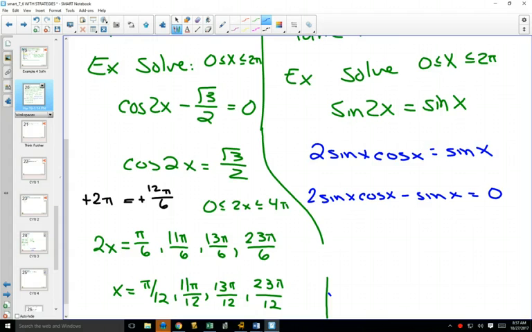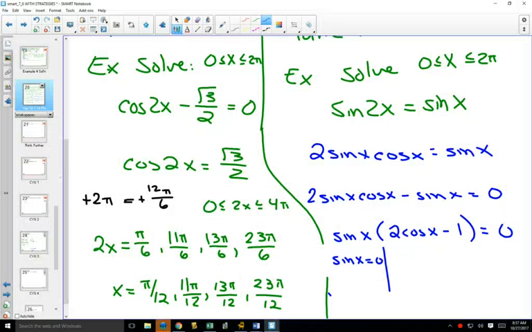I have a common factor of sine. If I take that out, that splits up my equation and separates my two trig functions. It gets me the answer that sine x equals 0, which I already knew, but it also tells me that cos x could be a half.